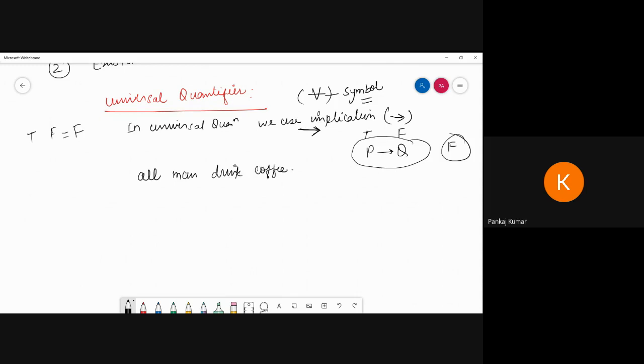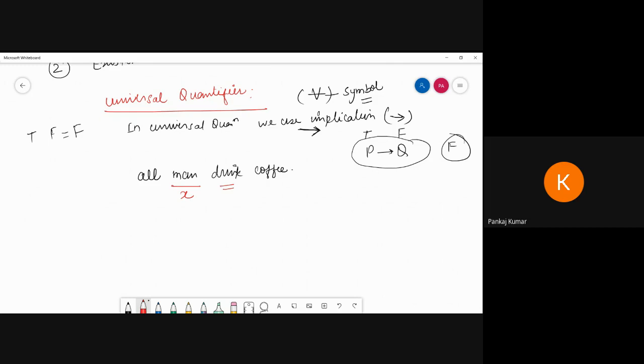All men drink coffee. So how can we write the universal quantifier? Here we can assume man is x, and drink is a relation, a function.